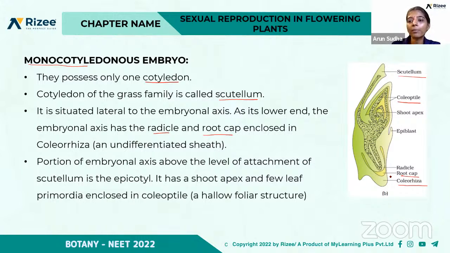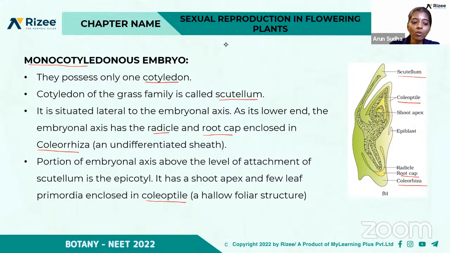So here it is coleoptile and here it is coleorhiza, right? These terms are more important here: what is scutellum, what is coleorhiza, and what is coleoptile? Okay, clear with these.